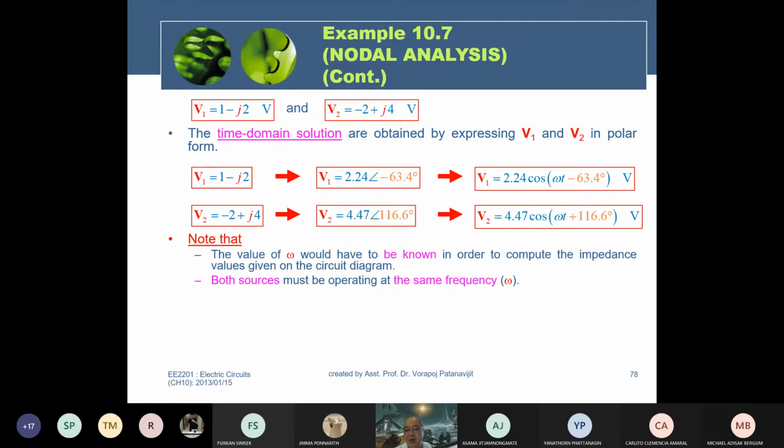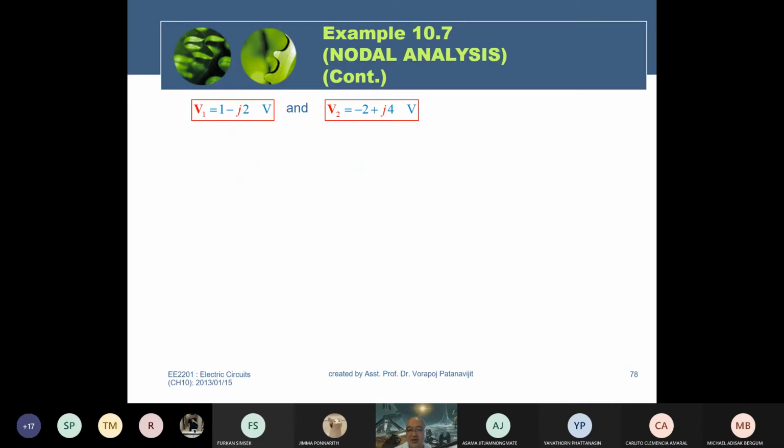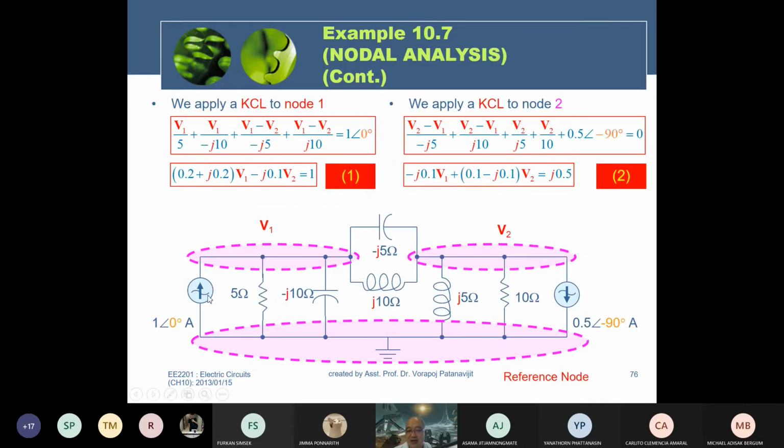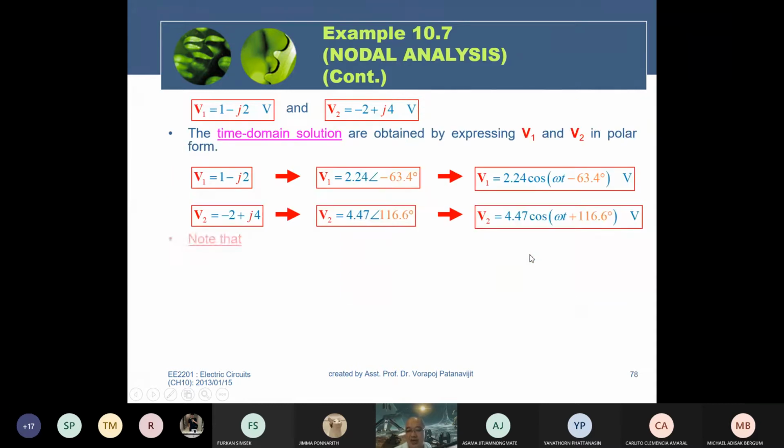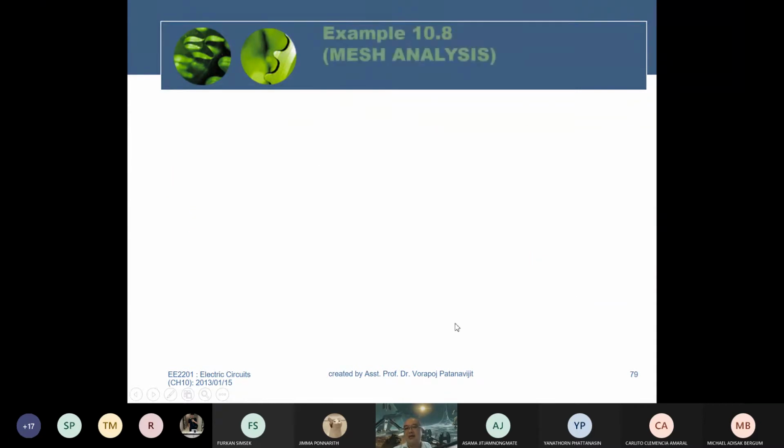Both sources must operate at the same frequency. In the circuit we have two current sources, one at 0 degrees, another 0.5 at minus 90 degrees. Both operate at the same frequency, so you can apply nodal analysis to determine V1 and V2 like here.